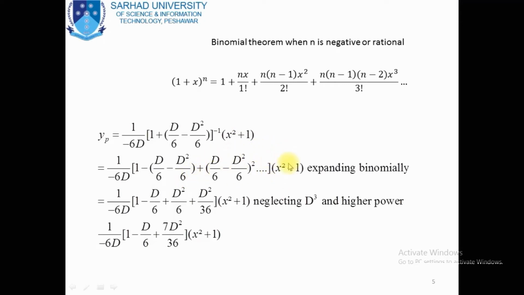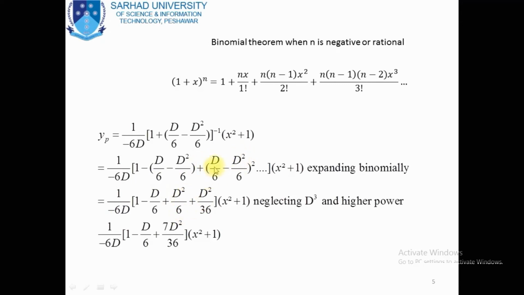Since we have a polynomial of degree 2, D square means the second derivative of this polynomial, and the third derivative will be 0. So we don't need the third derivative and higher powers of the derivative. Neglecting D cube and higher powers, we obtain minus 1 divided by minus 6D into 1 minus D by 6 plus D square by 6 plus D square by 36.